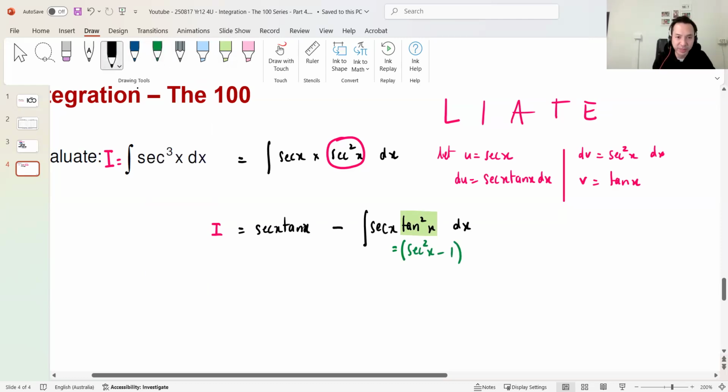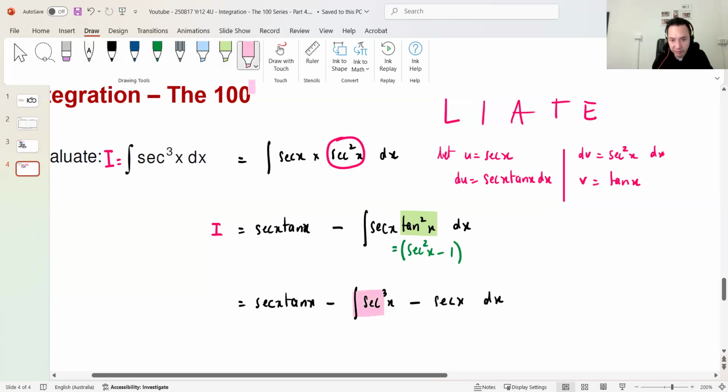Right, now it's going to feel a bit circular, but that's where the recurrence kicks in, in a good way. Minus, let's see, the integral of sec squared, or cubed rather, minus sec x dx.